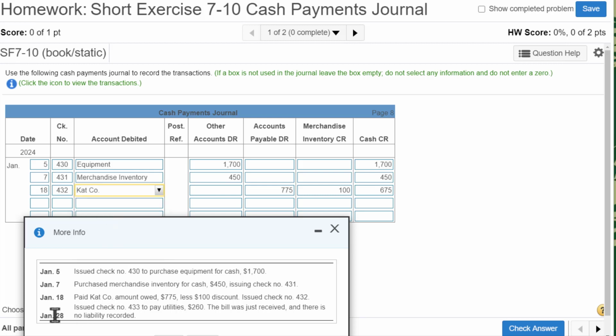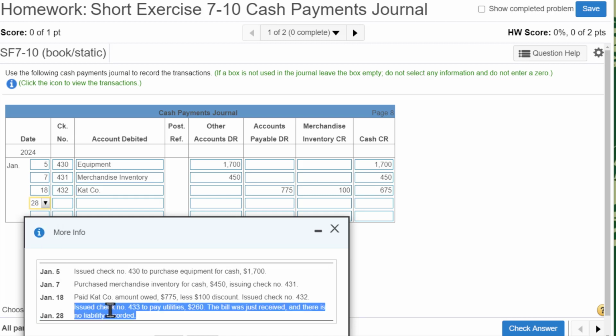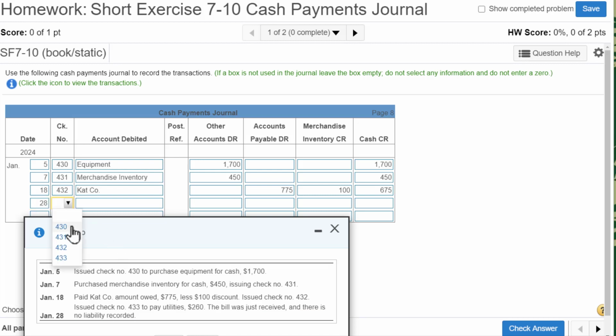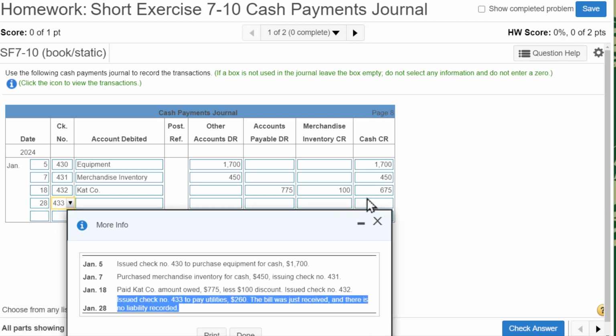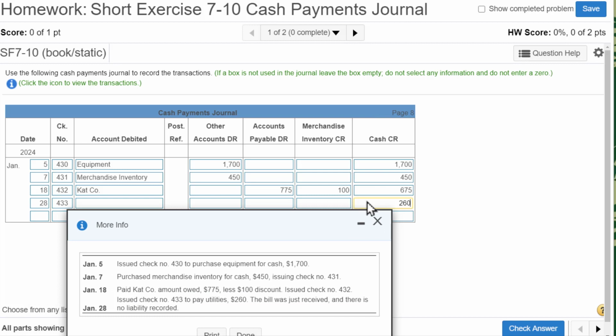And then finally, January 28th, issued check number 433 to pay utilities for $260. So we're paying $260. Let me move this up so I put it in the right row. We're paying $260. What do we pay it for?